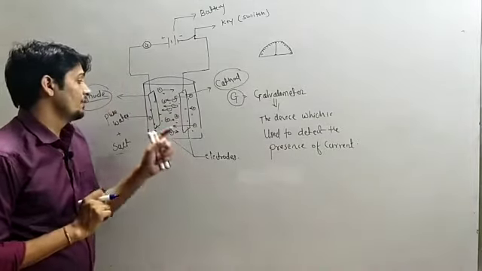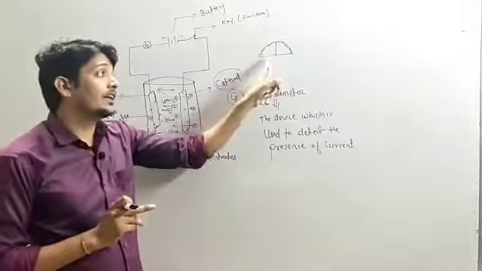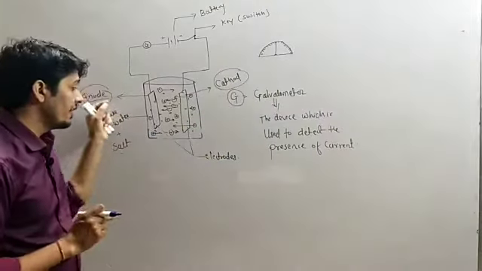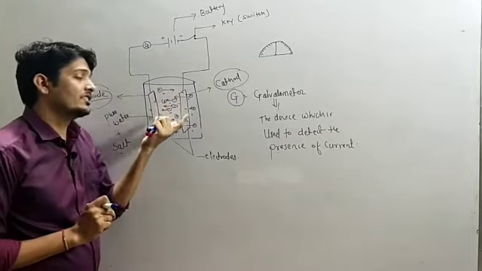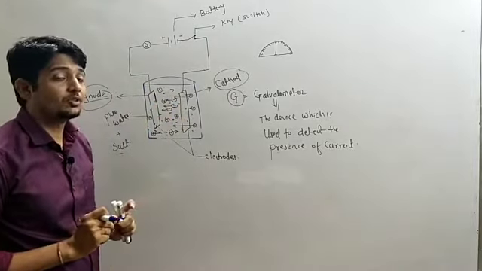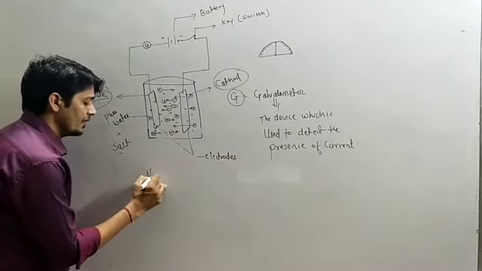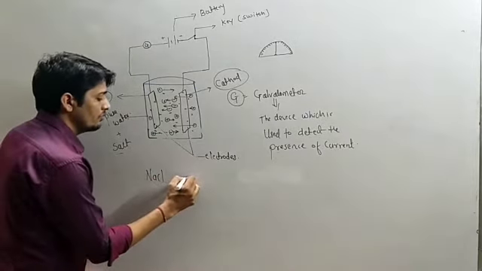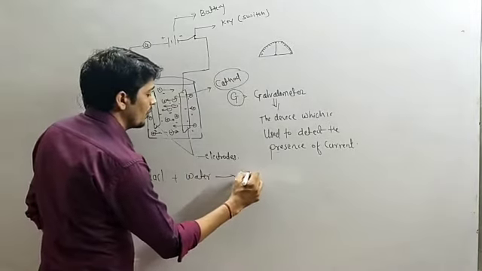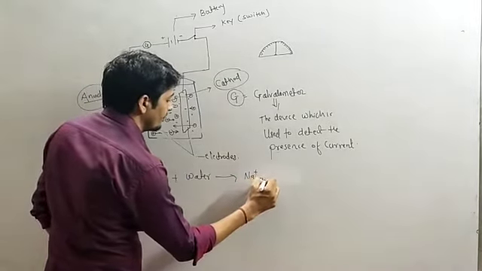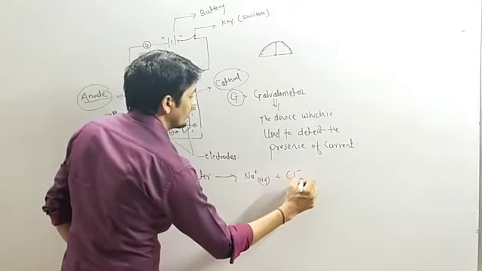So in pure water there is no deflection shown by the galvanometer, but when we have added salt, ions are present. After dissociation of the salt, positive and negative ions are present. See, here we have NaCl. When we dissolve it in water, it forms a positive ion of sodium and a negative ion of chlorine.